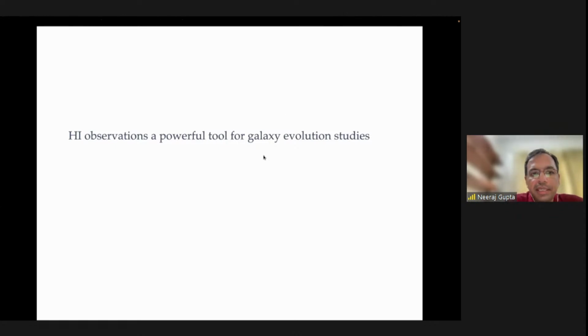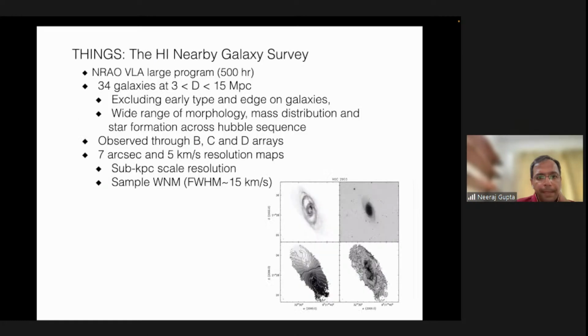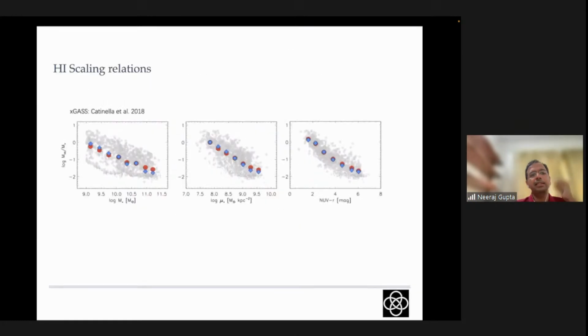We have a very good idea of how the H1 distribution and the size of the H1 disk are related to the optical disk of the galaxy, and in what sense the total H1 content is related to these different scaling relations. The next step is now to relate this to higher redshift objects or galaxies, and gas in different environments.